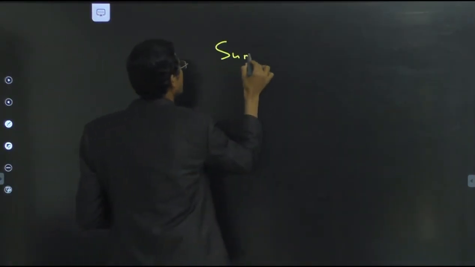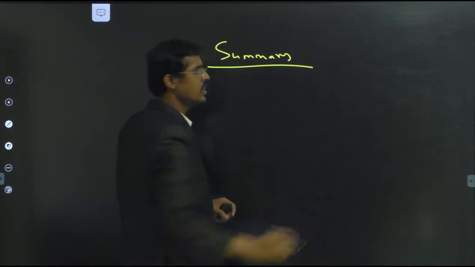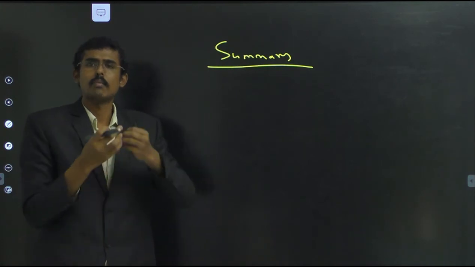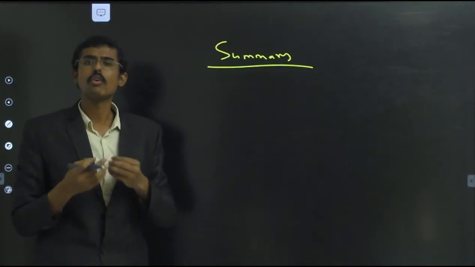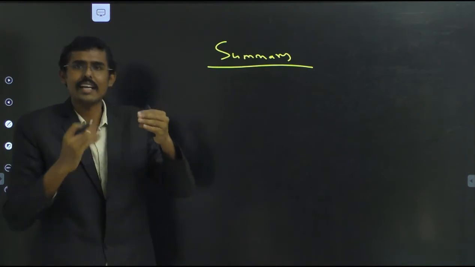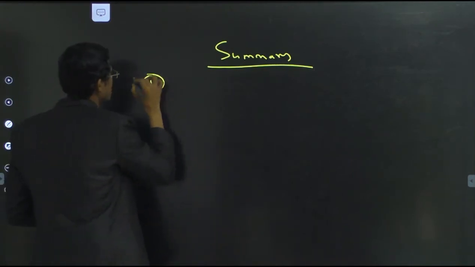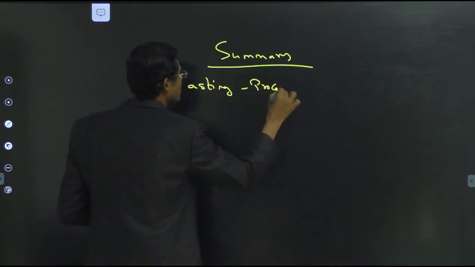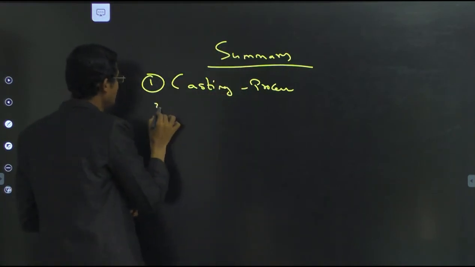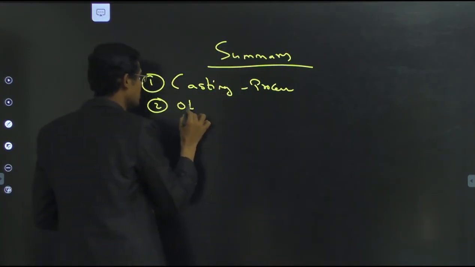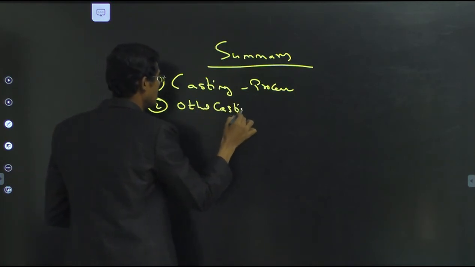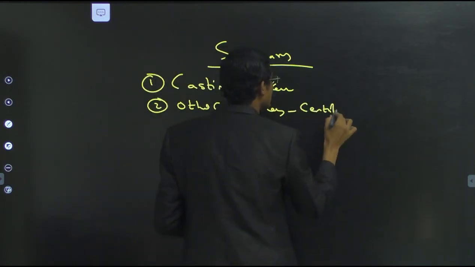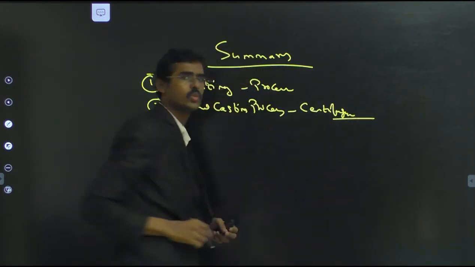As the total summary, we have seen in general the entire production technology process. We have taken about 5 modules, category wise. The first one was the casting process, and the second was other casting processes such as centrifugal casting; some 2 to 3 types we have seen.